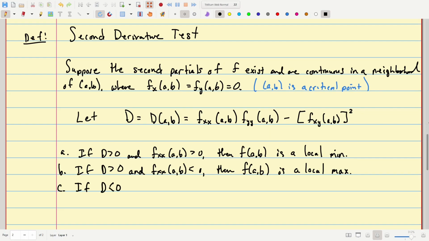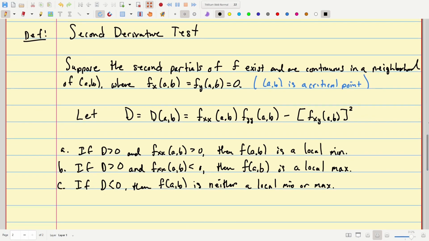And if D is negative, then our point f(a, b) fails to be a local maximum or minimum. Okay. So lots to keep track of.